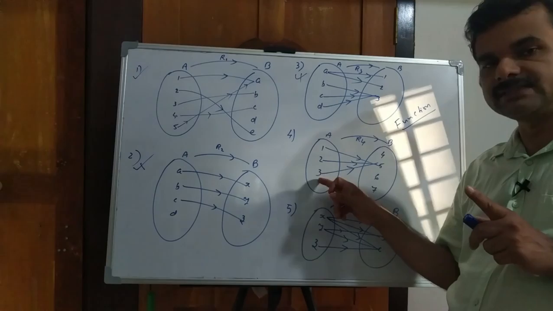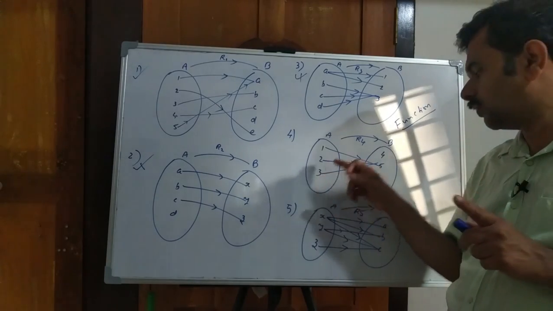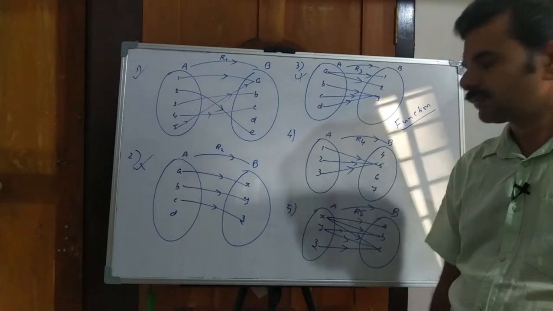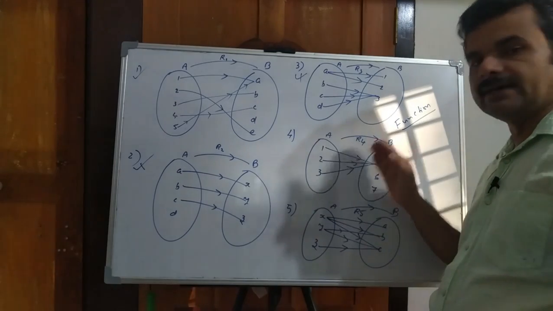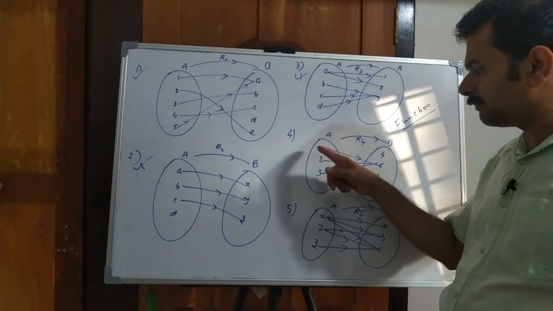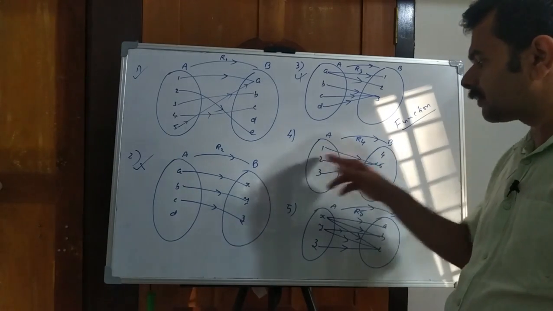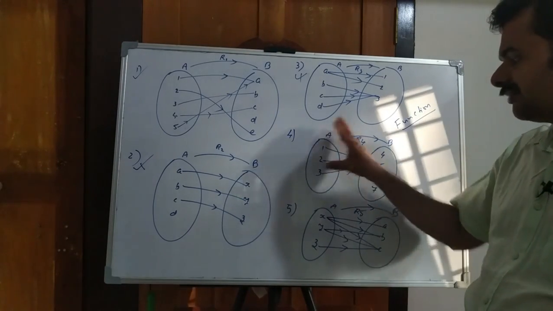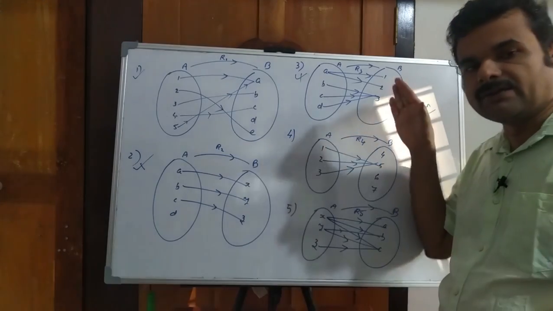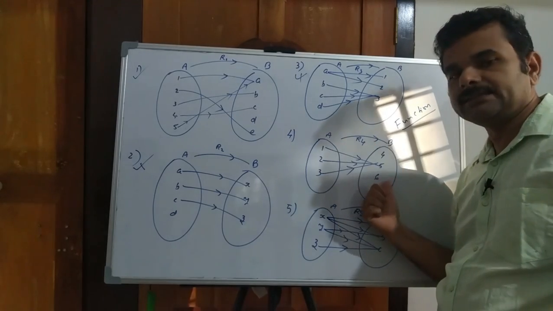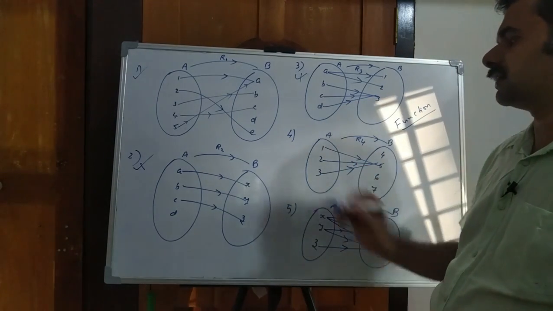How many images for 3? Only one, that is 5. Are all elements of the set A connected with the elements of the set B? Yes, because arrow marks are drawn from each element. So every element of the set A has one and only one image in the set B. Therefore, this is a function.